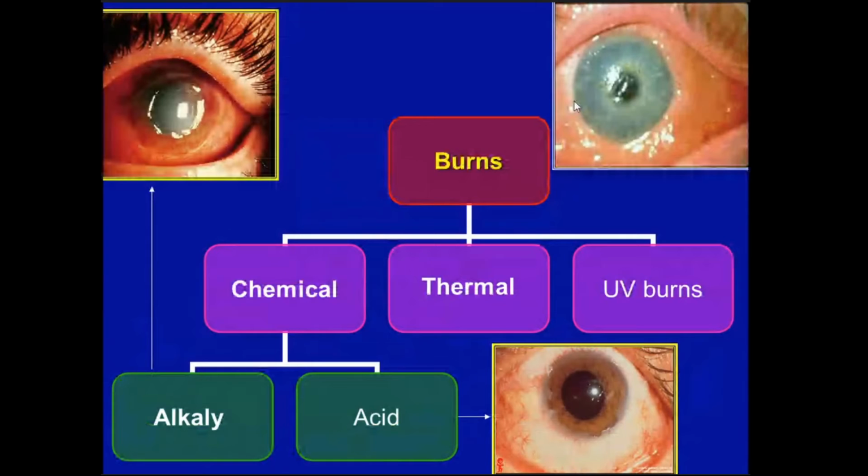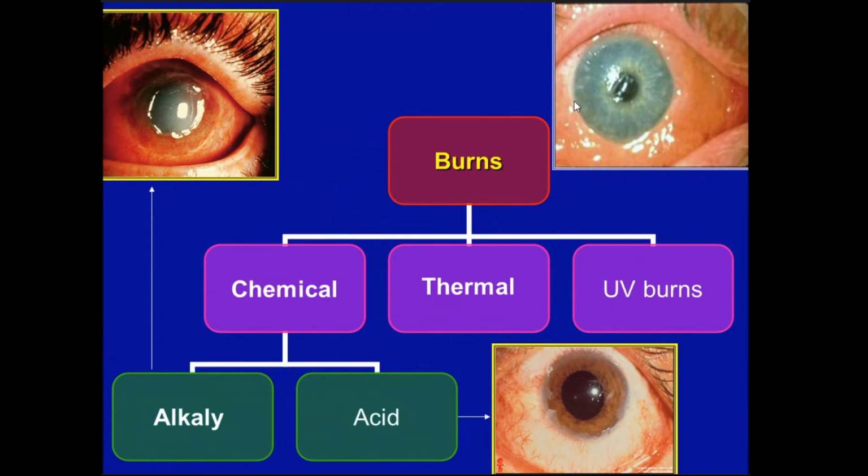Okay, another example of open and closed injury are burns. Burns are the very important cause of visual disability. The most important burns are chemical, thermal, and UV burns.